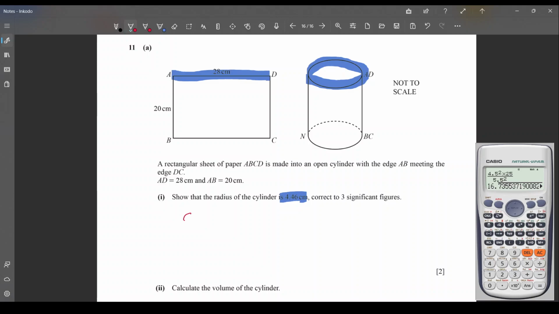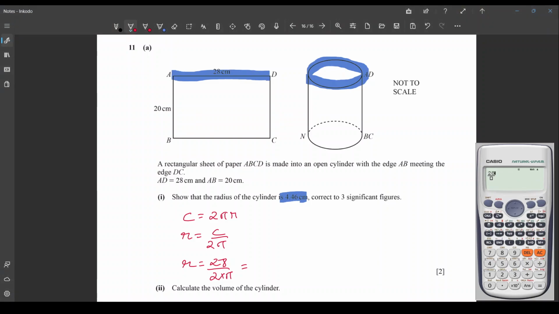we know that the circumference will be equal to 2 pi r, and r will be equal to c divided by 2 pi. So what is the circumference? Circumference is 28, divided by 2 into pi. If you divide it with the calculator, you will get the answer.